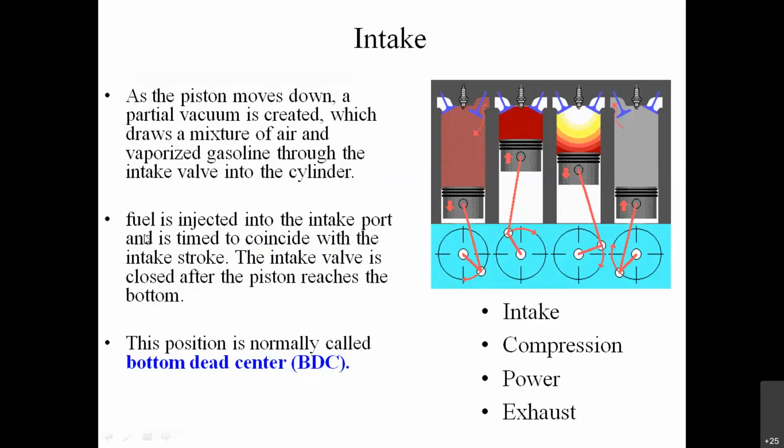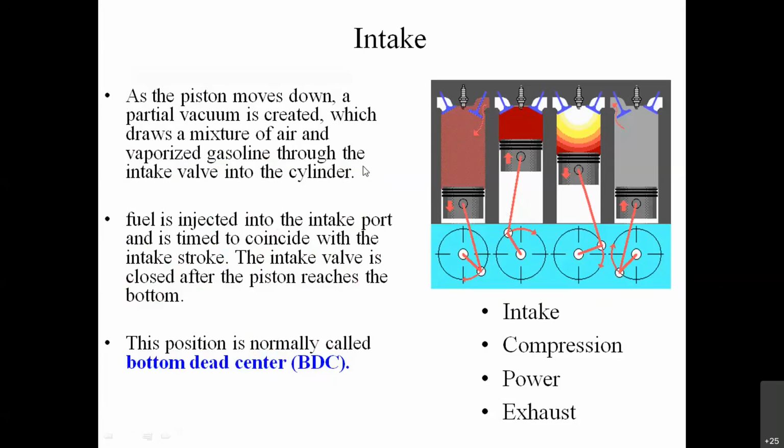Fuel is injected into the intake port and is timed to coincide with the intake stroke. This synchronization is done with the help of the ECU. The ECU decides when to draw the air, when to mix fuel, and how much air and fuel is to be mixed.